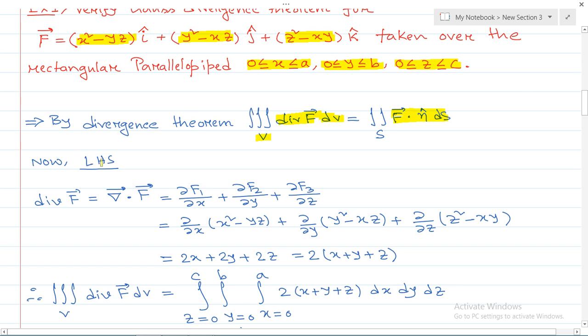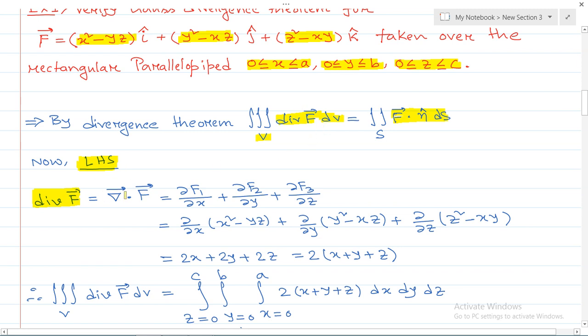So let us first find out the left hand side part, that is the triple integration part. Now to calculate the divergence of f, what is the formula for divergence? In the second video lecture I have already told you how to calculate divergence and curl. If you have not visited it, please visit it for your better understanding.